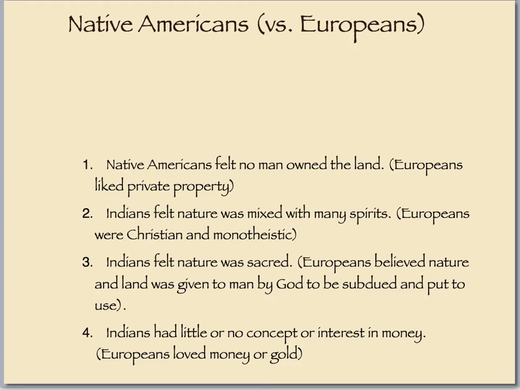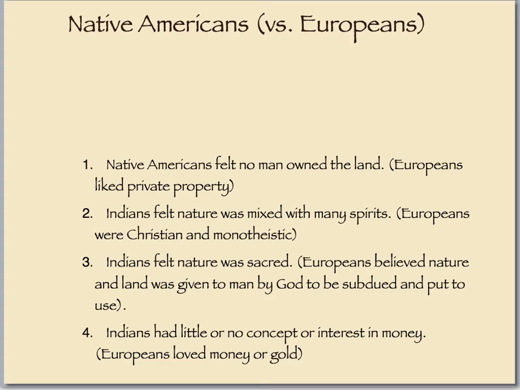All right, so what are the differences in beliefs between the groups? Well, these are generalizations, but in general, this is what most of them believed. Firstly, Native Americans felt that no man owned the land, and Europeans, and even Americans today, like the idea of owning land, owning private property. So that is a conflicting idea right there. More conflicting ideas.